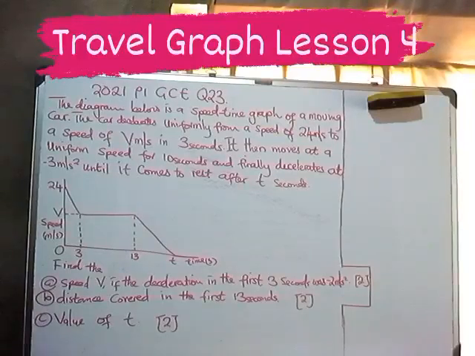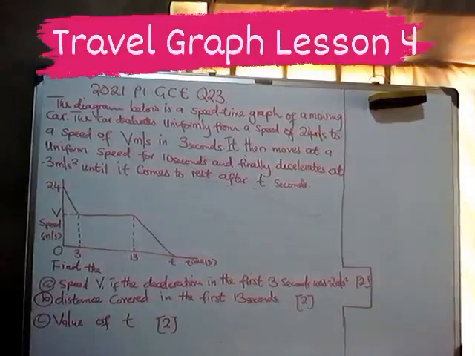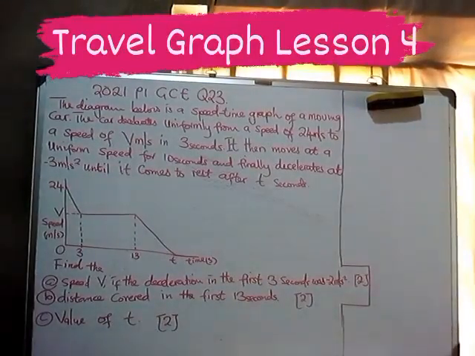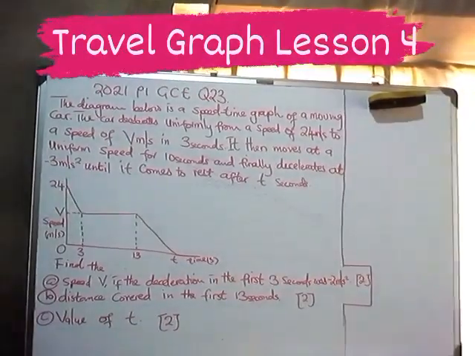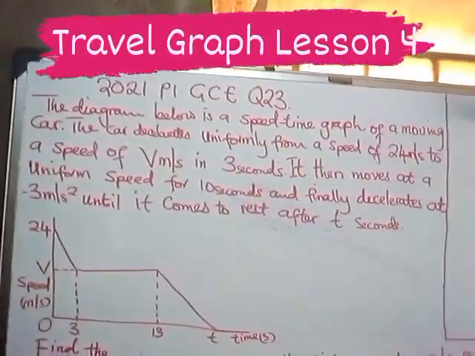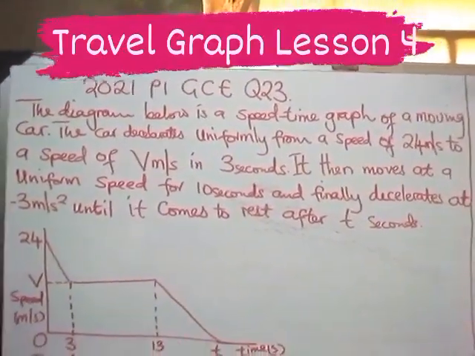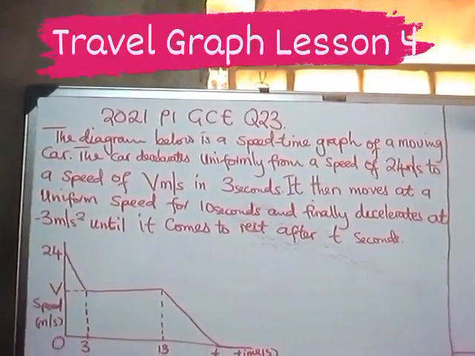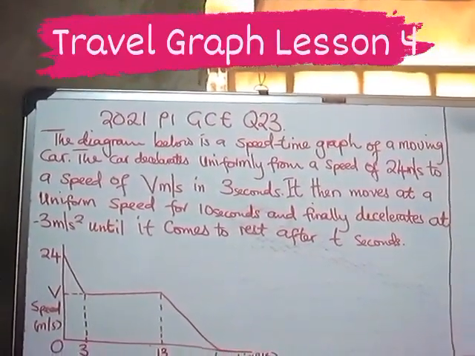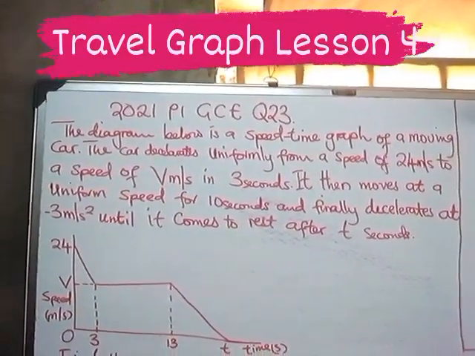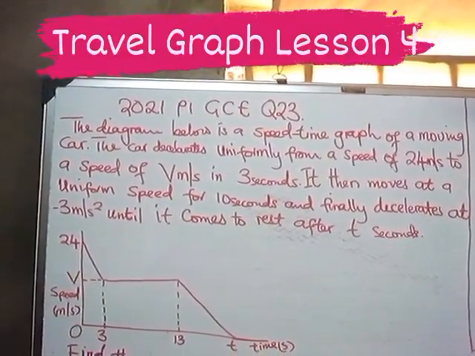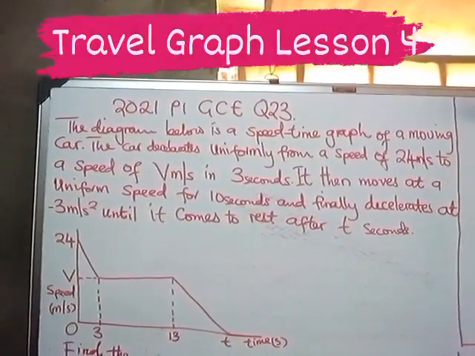So under exam questions, I have picked this question here. This question is of 2021, and the question is: the diagram below is a speed time graph of a moving car.